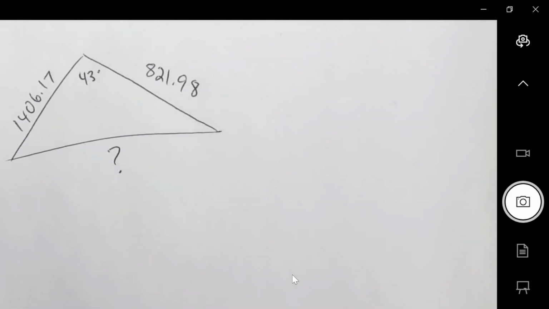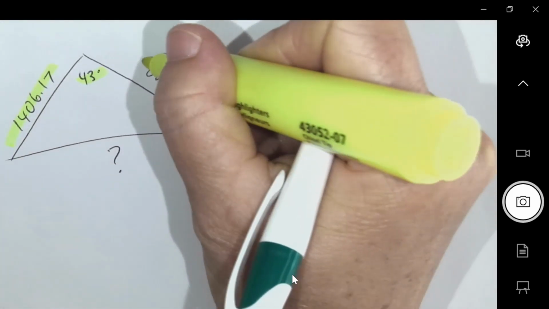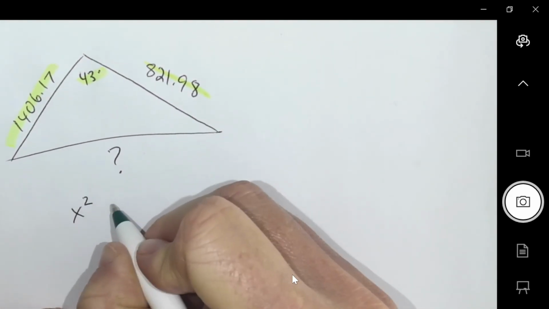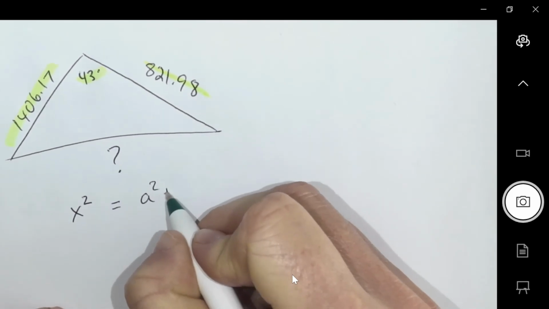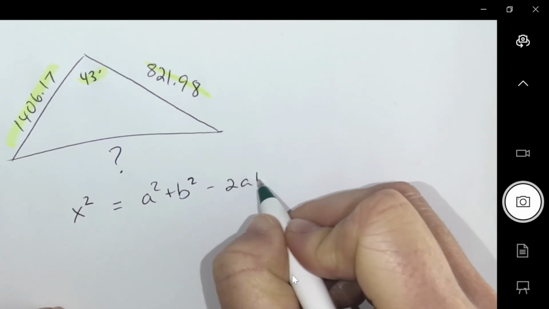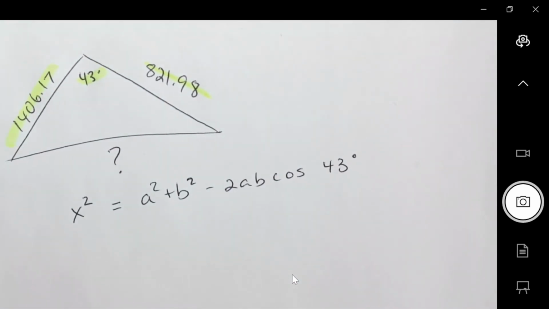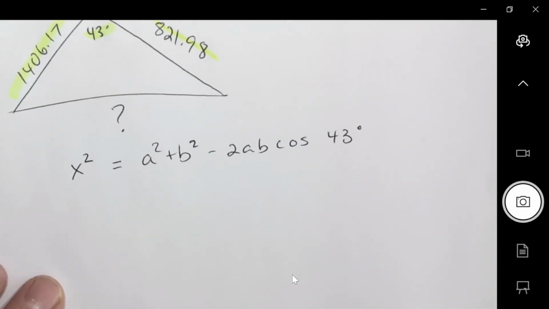Now we've got a new strategy. What's going on in this one? SAS again. So our formula is the cosine law.